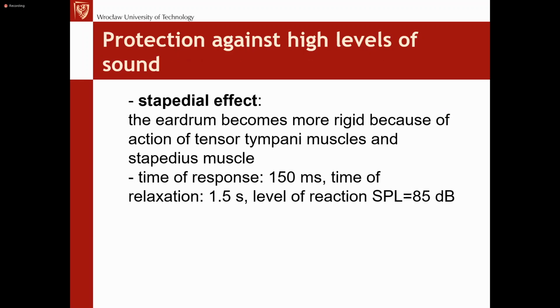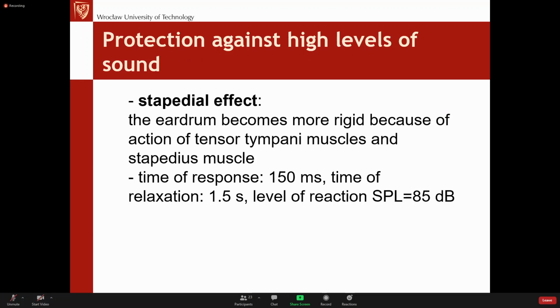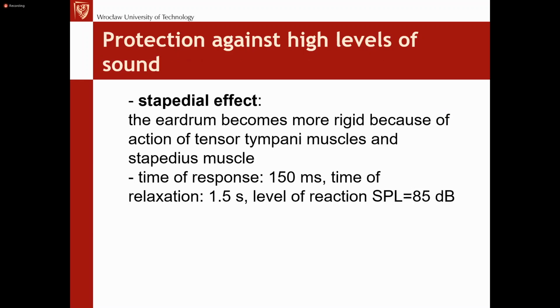And so the features of the stapedial effect are a time of response of 150 milliseconds, a time of relaxation of 1.5 seconds, as well as a level of reaction. This effect starts to be active at 85 decibels.